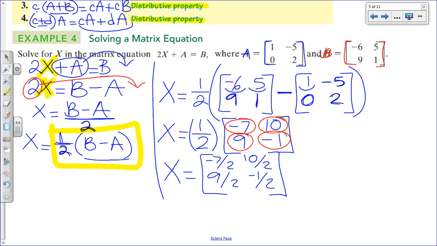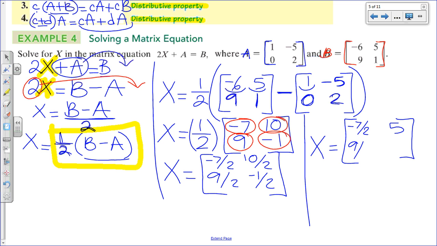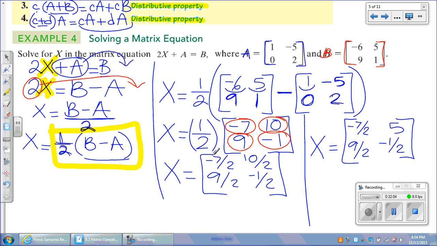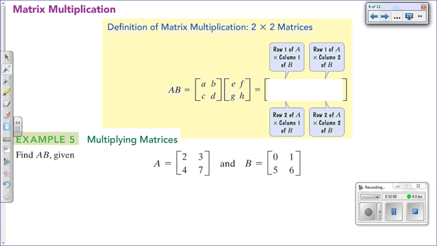If you can, you reduce. So the final answer will be matrix X is equal to -7/2, 5, because 10/2 is 5, 9/2, and -1/2. So let's move to the next slide.